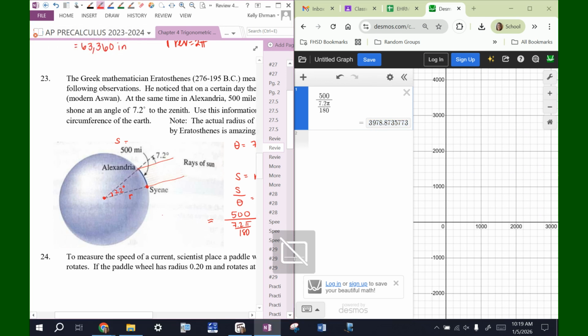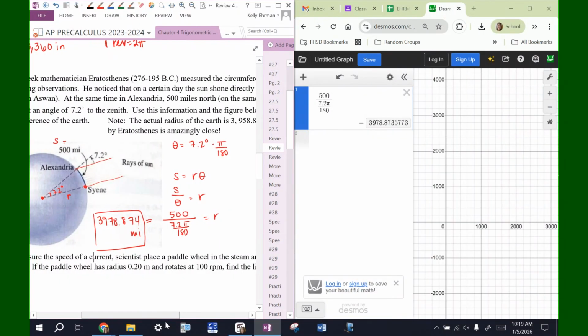Write this down. 0.874 miles. That's the approximation for the radius of the Earth. It also said find the circumference of the Earth. So what's the circumference formula for a circle? Circumference is 2 pi r. So I'm just going to take this answer and multiply it by 2 pi.